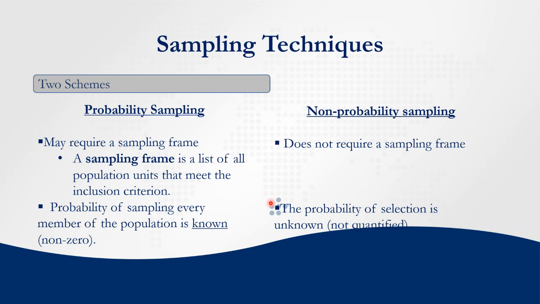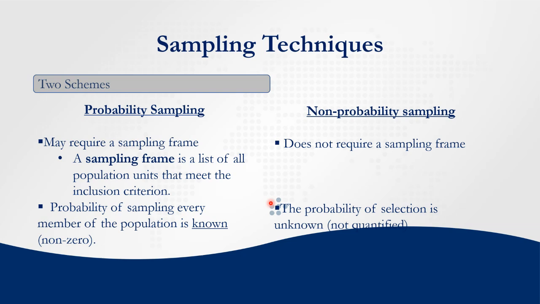But one of the features is that if you go with probability sampling, the probability of selecting a unit is known. Some texts say that it is equal. It's not always equal, but it is known. It will depend on the sampling approach.